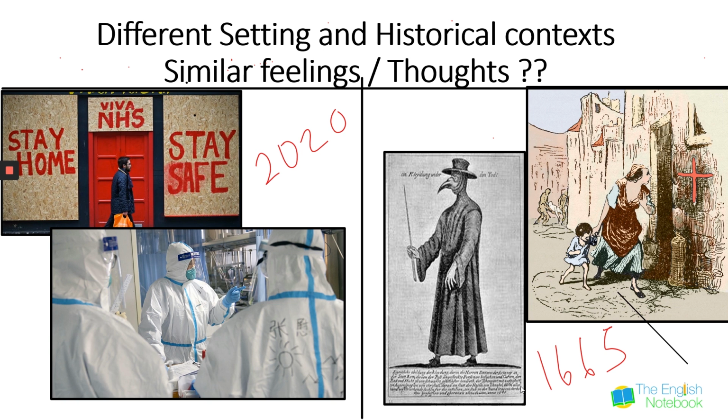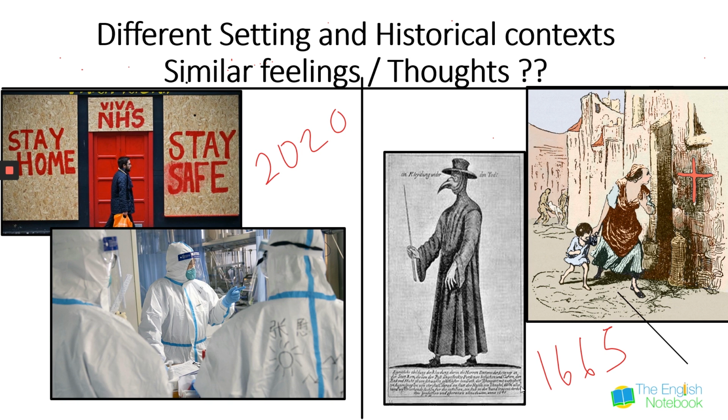And the pictures tell us different stories. So there are similarities. If you look at the right-hand side, the way the doctor is dressed is very similar in many ways to our NHS workers, but different, right?